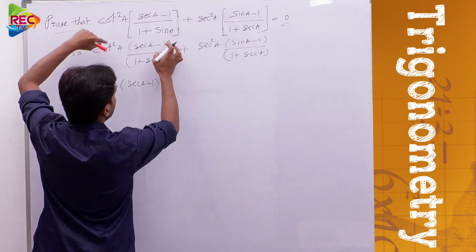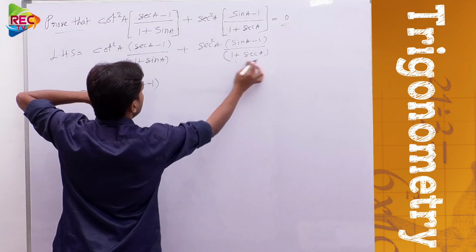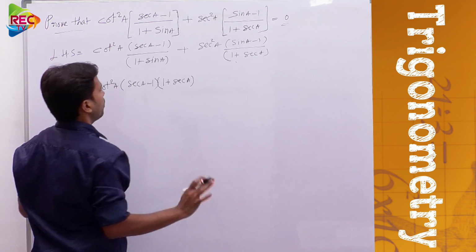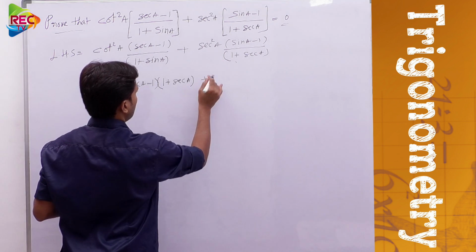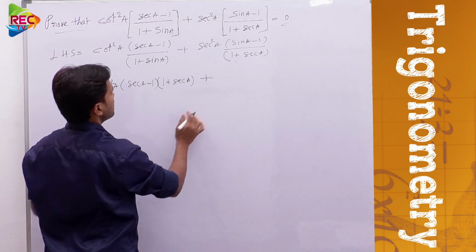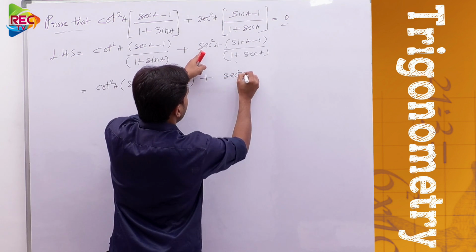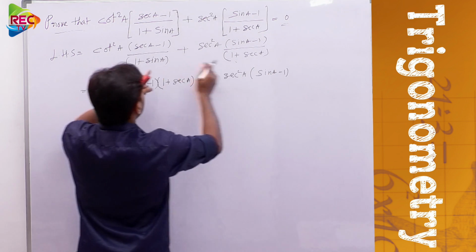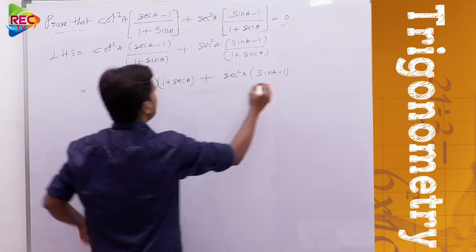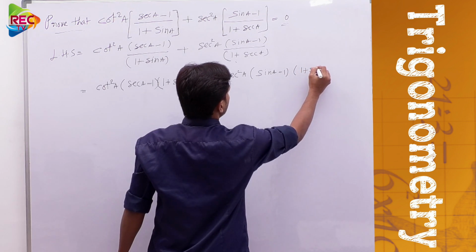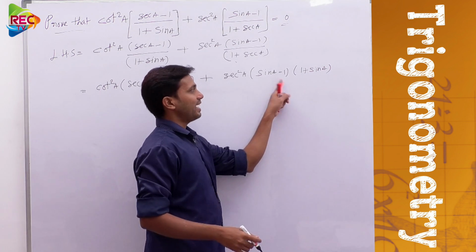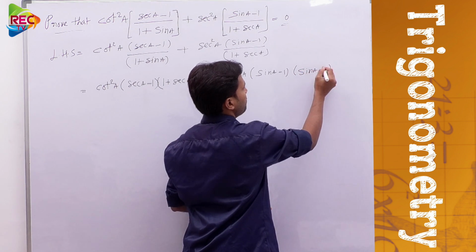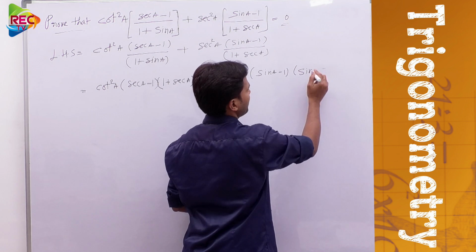Now this should be multiplied with this denominator, so 1 plus secant A. Plus, now this secant square A into sin A minus 1 should be multiplied with the first denominator, that would be 1 plus sin A. Since it is sin A minus 1, I will change the order and write it as sin A plus 1, just for my convenience.